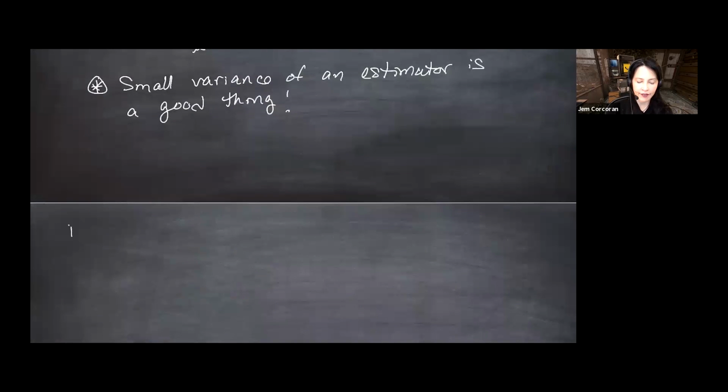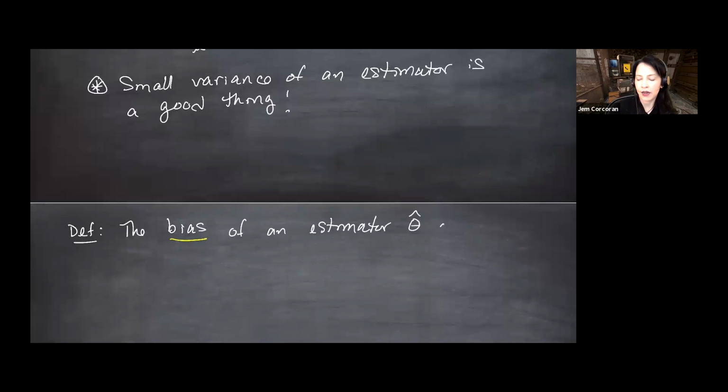So here is a definition. I'm just going to do this with theta. It would also work for a tau of theta. The bias of an estimator, theta hat of theta. I'm going to put both a notation and a definition. We're not going to see this notation again after today, so it's not that important.